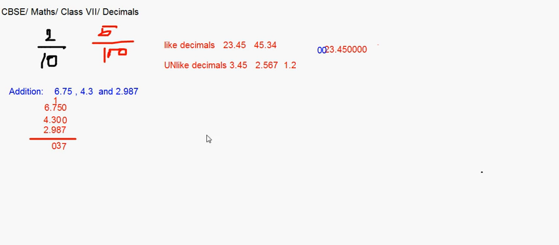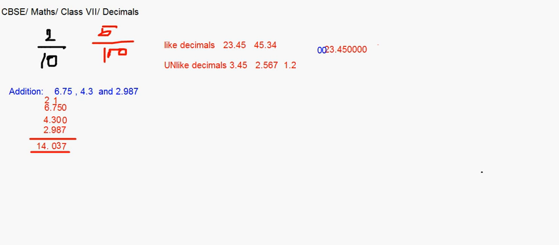Again carry a 2, so it is 14. The decimal should be put below on the vertical line. So your addition is 14.037. We would use a similar method in subtraction as well.